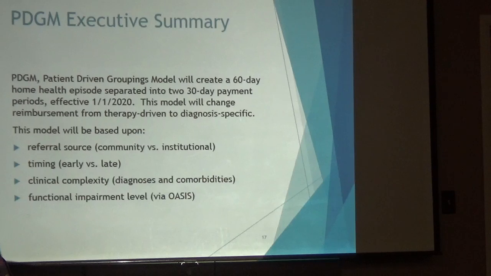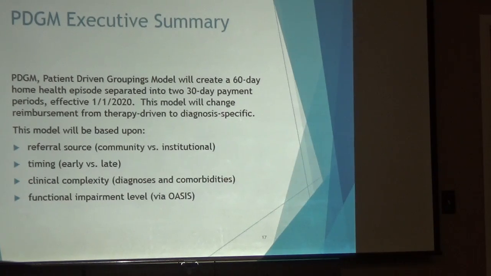So the way I think about it is, the first time the patient's in our care, it's early, and after that it's late, unless they've had a 60-day window without care, and then it becomes early again and starts over again. And then the last two groupings, the clinical complexity. So the big focus is diagnoses and comorbidities.